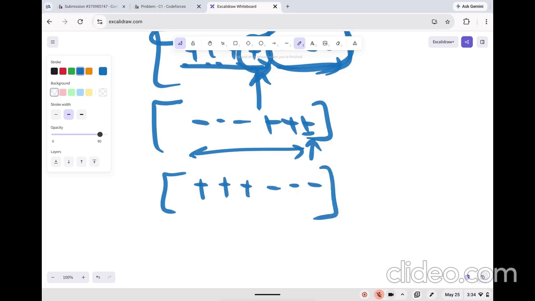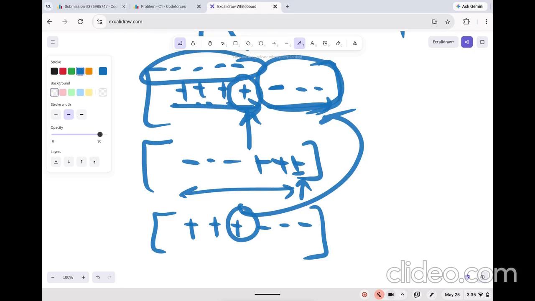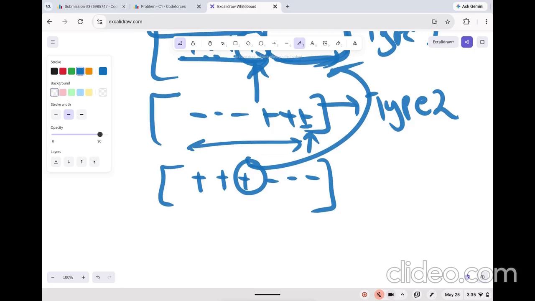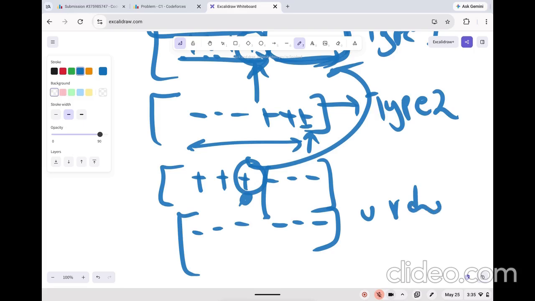And after this you can pick this element and this becomes a type 1. Let's call it type 1, and this a type 2. So now type 2 has been converted into type 1, right? Now you can convert all this plus into minus and you don't take this and you are done, right? So again every element has been converted to minus, right?